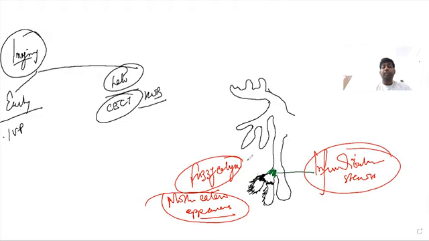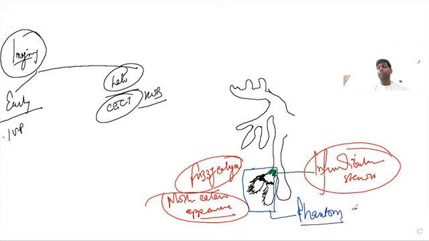This part of the calyx gets separated and does not pick up the contrast on IVP. So this is known as phantom calyx. One of the causes of phantom calyx is genitourinary tuberculosis.